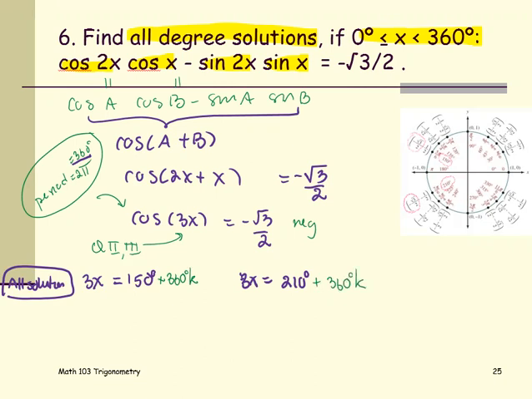And next, we're going to divide all by 3 to get x equals 50 degrees plus 120 degrees times k, and x equals 70 degrees plus 120 degrees times k.